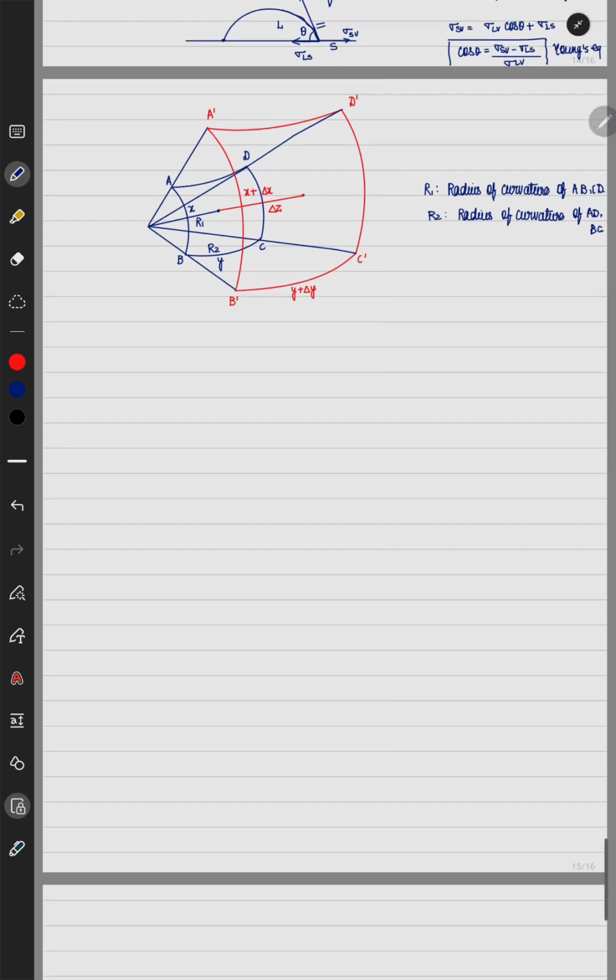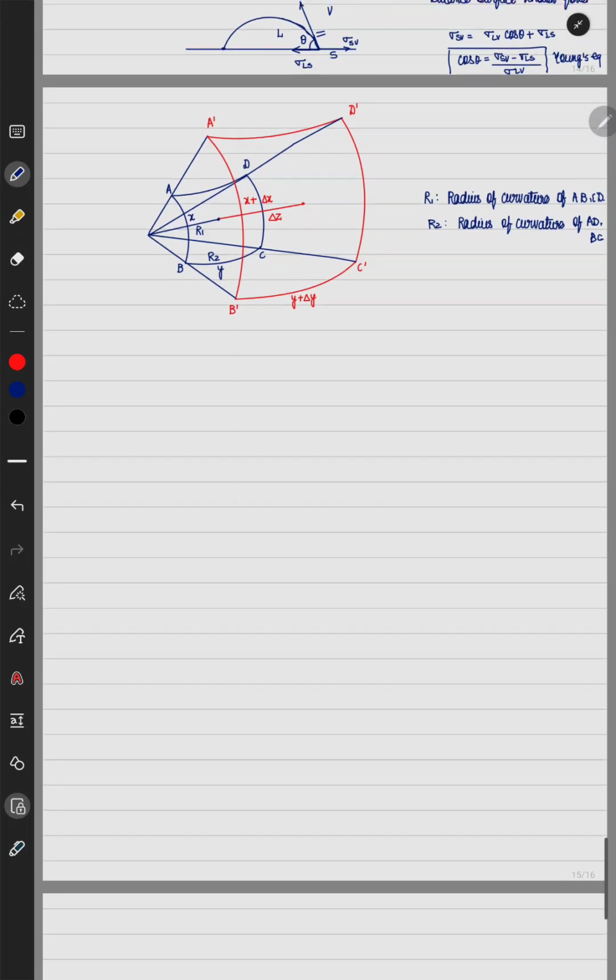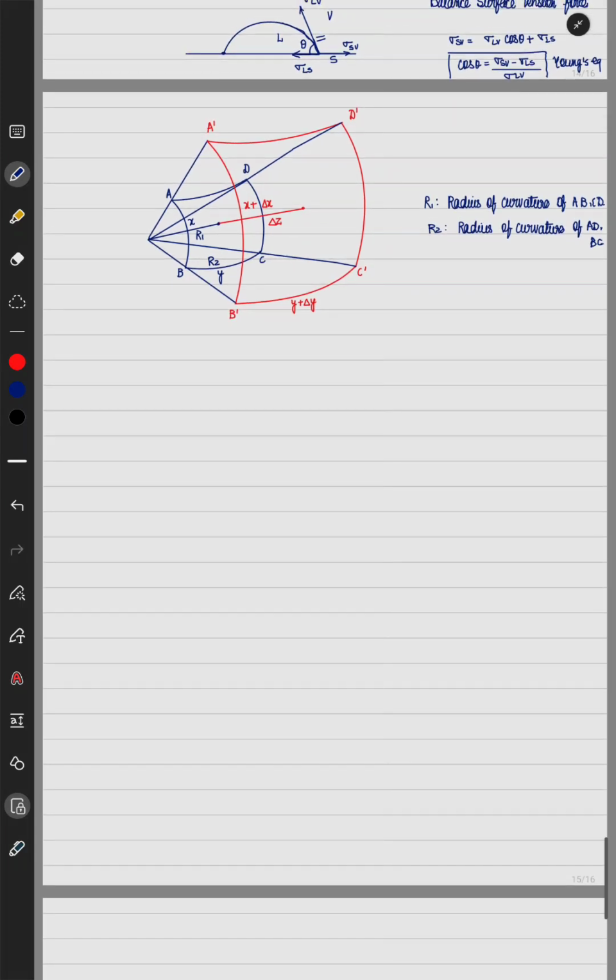Okay, so by similarity of these two surfaces, I can write that R1 divided by R1 plus delta Z, which is associated with A prime, B prime, C prime, D prime, is equal to x divided by x plus delta x. R1 is the radius of curvature associated with ABCD, and R1 plus delta Z is the radius of curvature associated with A prime, B prime, C prime, D prime.